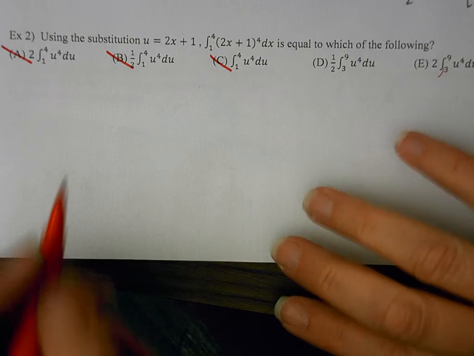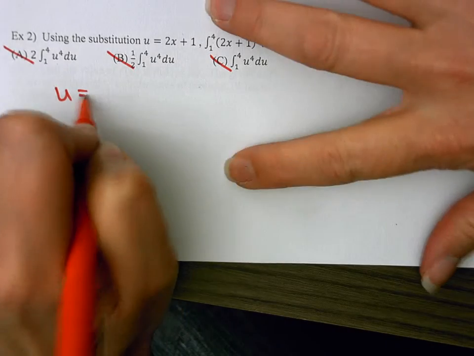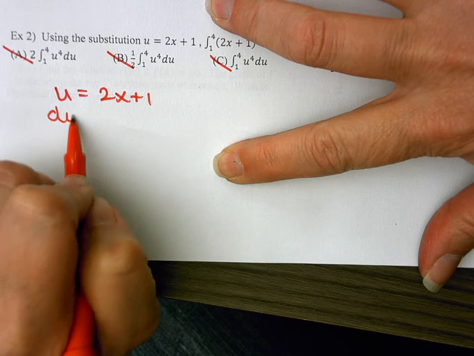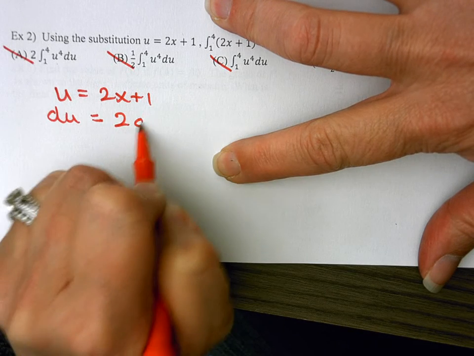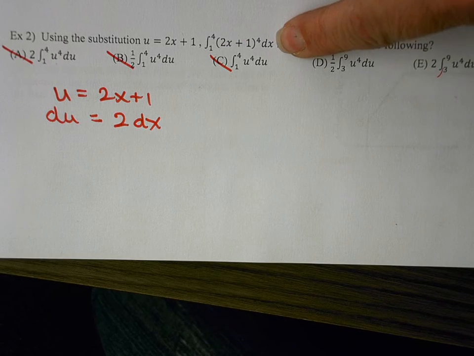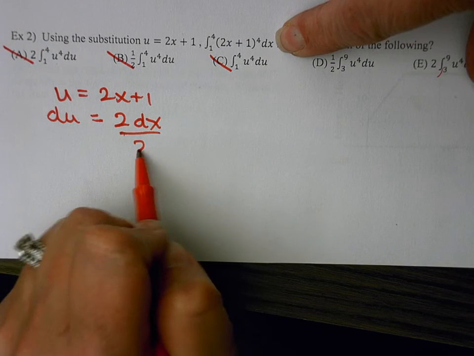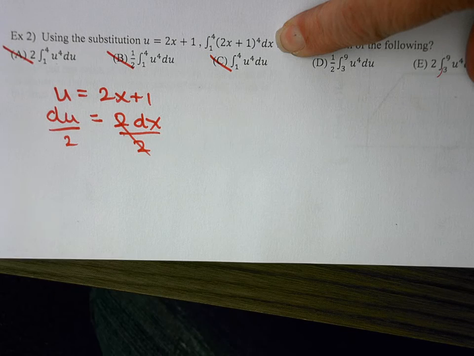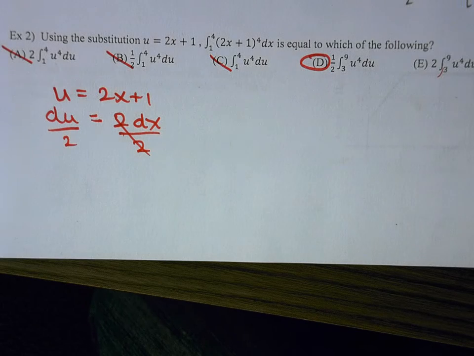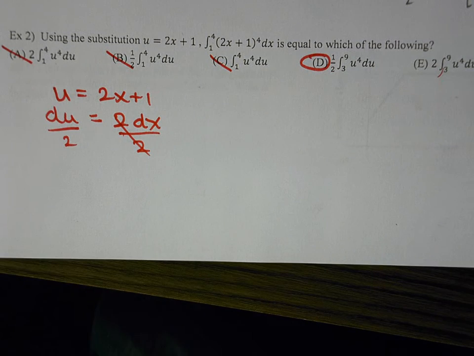So if my u is 2x plus 1, when I go to take that derivative, that would give me a 2 and then multiply that dx over. So if I look up here, I need it to be just a dx, so I would divide by 2, right? So it should be a 1/2 du, so it should be a 1/2 out front. Okay? All right.